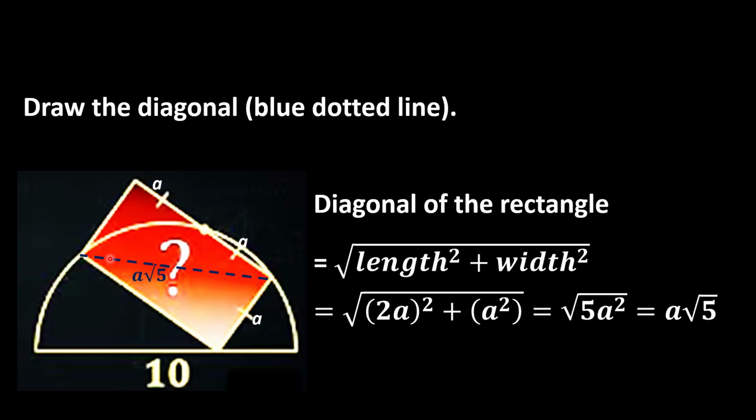The diagonal of the rectangle will be the square root of length square plus width square, that is the square root of (2a) whole square plus a square, that is the square root of 5a square, or a root 5. So mark this blue dotted line a root 5.